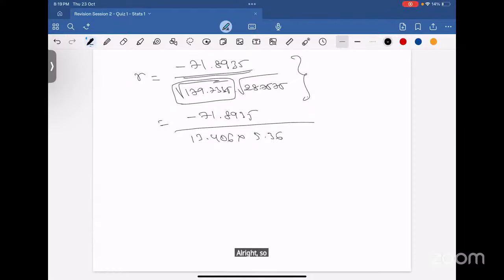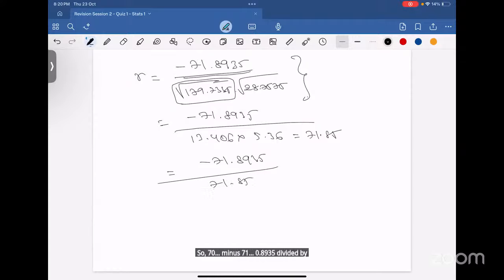So 13.406 into 5.36 is coming out to be 71.85. So minus 71.8935 divided by 71.85 is approximately minus 1, right? Oh, okay, sir. Thank you.